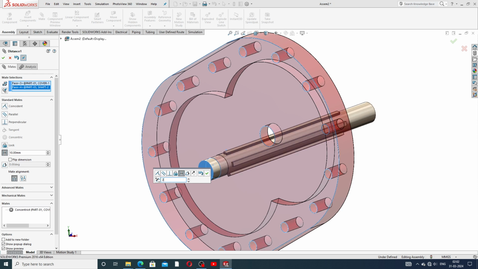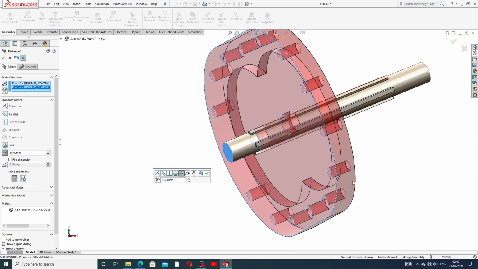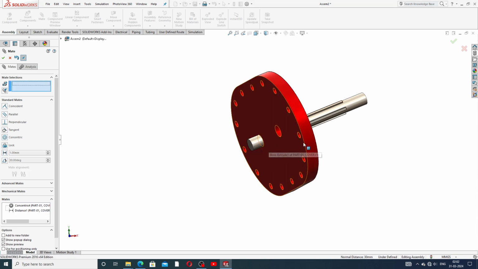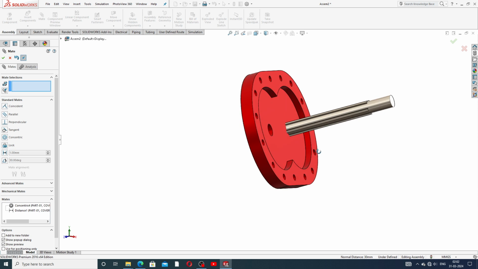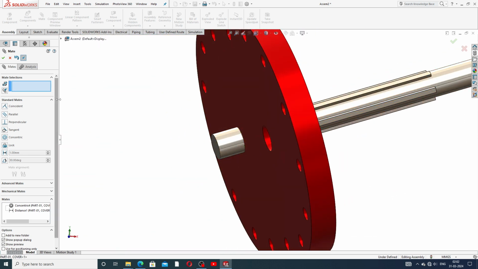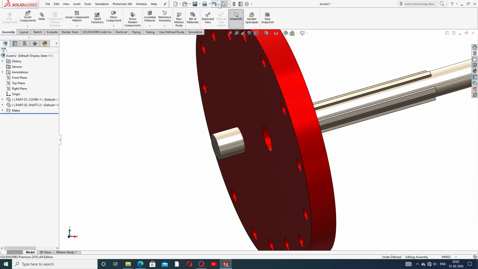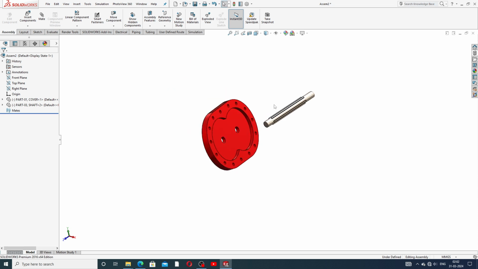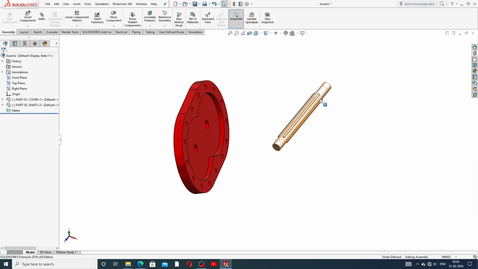Okay, 20 is this, and 30 is perfect. But 20 is better. Click OK, all is perfect, but this is inside, and this relation is undone. Okay, all is perfect and correct.